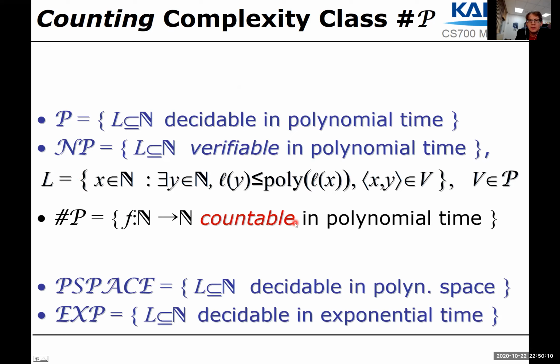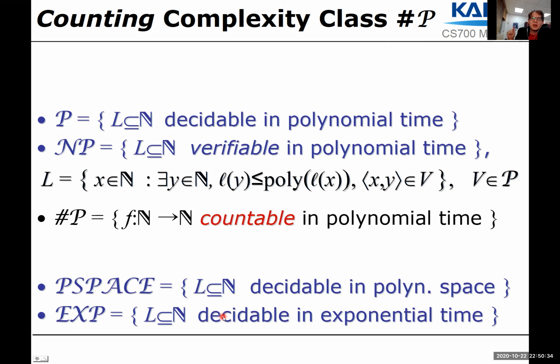We call these problems countable in polynomial time. And it's important to point out that this is a class of function problems, not a class of decision problems like P, NP, PSPACE, and EXP, where the input is a natural number and the answer is yes, belongs to the set, or no, does not belong to the set.